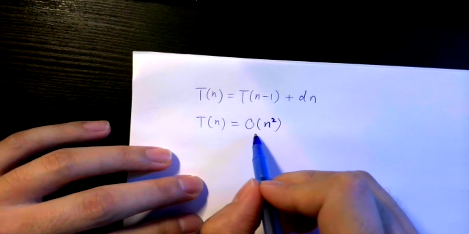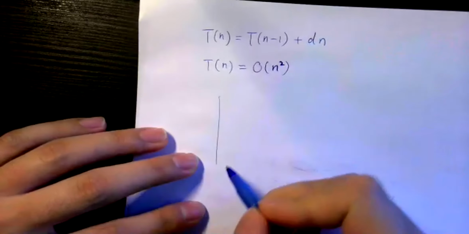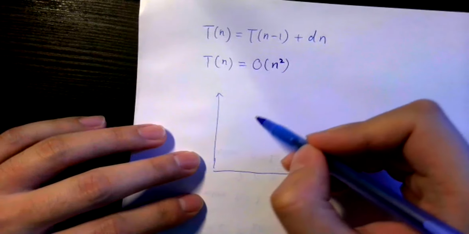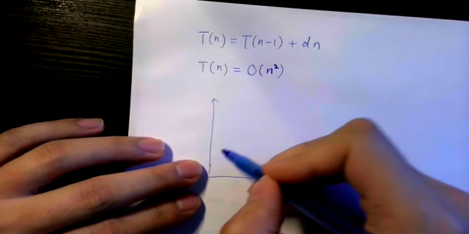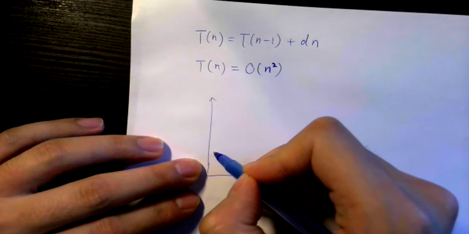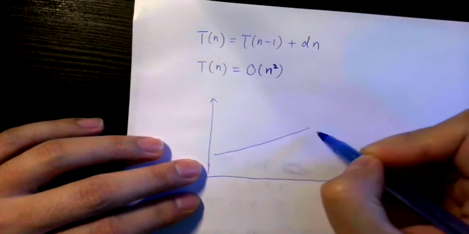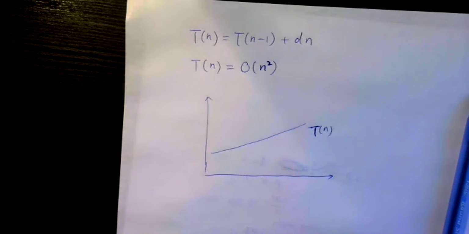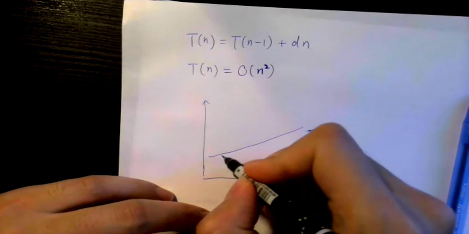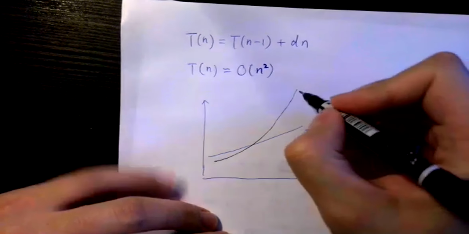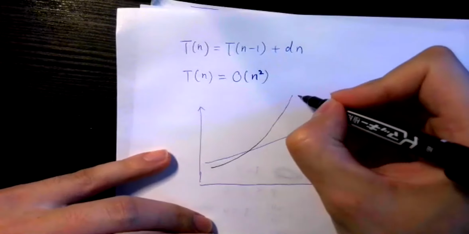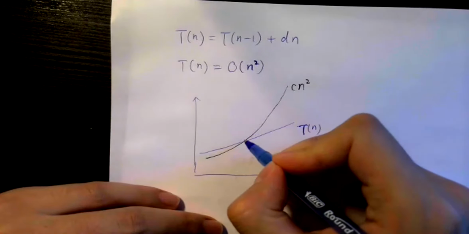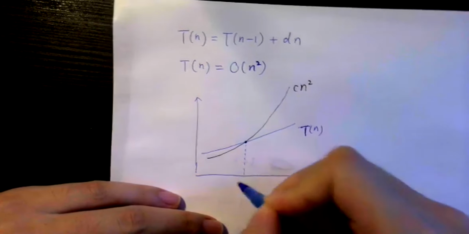The meaning of this big O notation is that if we draw the functions like this, and suppose this is the curve of T(n), it should be bounded by a quadratic function, say c times n squared, when n is sufficiently big.